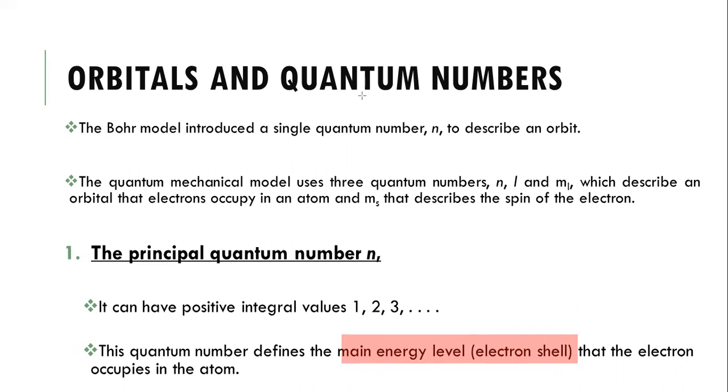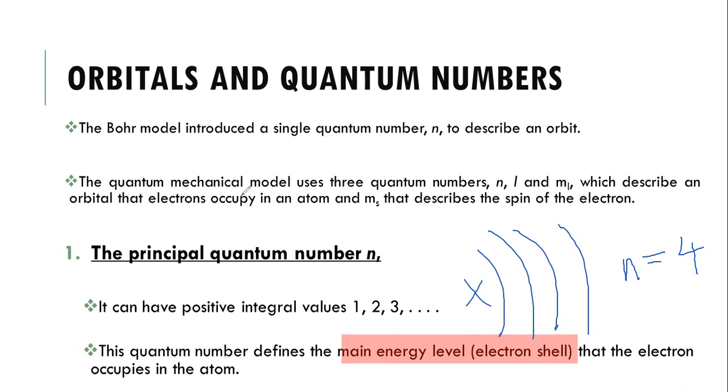Simply, the principal quantum number is your number of shell. Now you have 1, 2, 3, 4, therefore your n is equal to 4. That's all. So the principal quantum number will always have a possible integral value, that could be 1, 2, infinite, whatever. And it explains the main energy level, that is your electron shells.